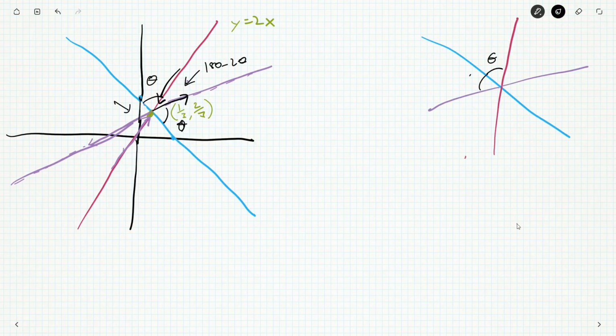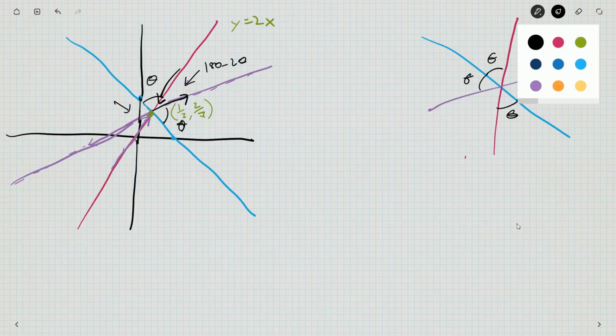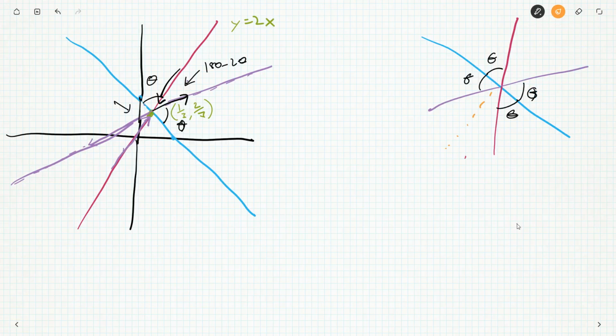So we get theta, we get theta, we get a theta, we get a theta. We could also draw in this orange line perpendicular to our blue mirror line. And the purple line is the reflection of the red line in that as well.